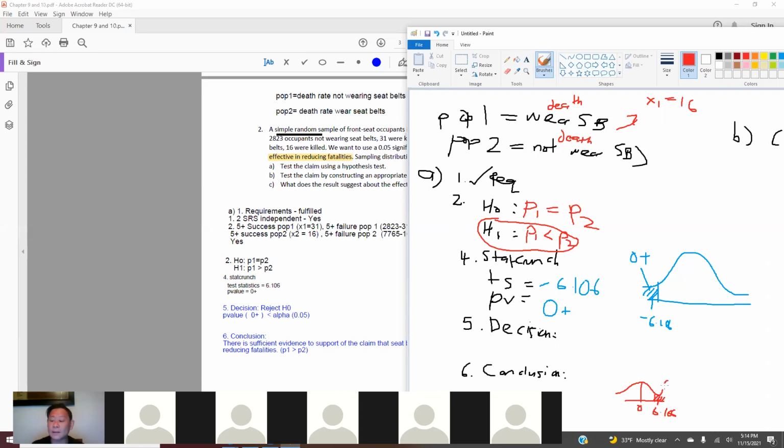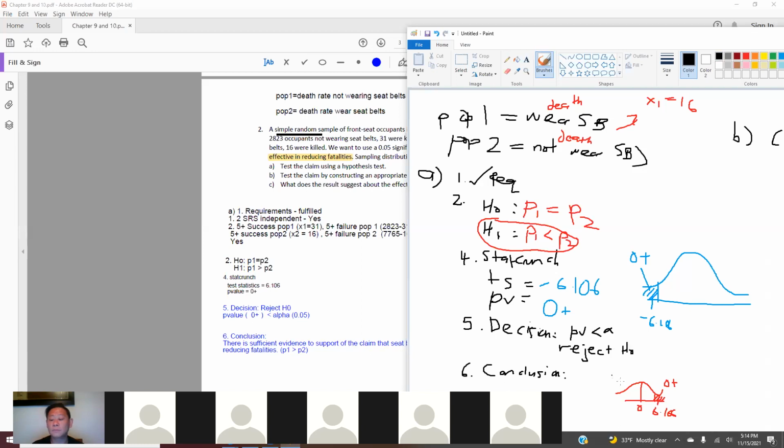And this p-value is still 0 plus. So it is on the other side because we used greater than. But no matter what you use, your decision is still going to be the same, because your p-value in this case is less than alpha. We will still reject the null hypothesis.